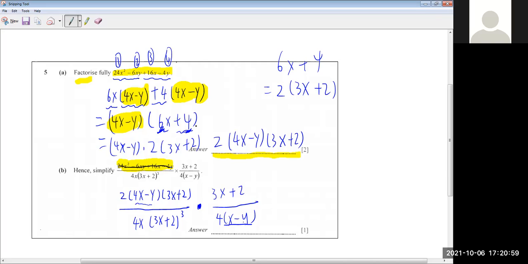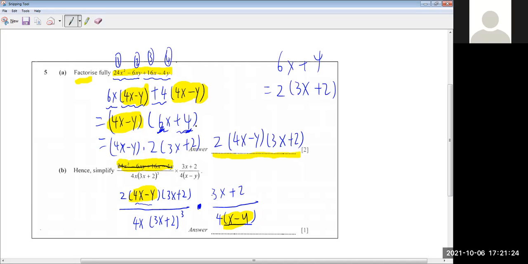So what I'm trying to say is this one is x minus y, and this one is 4x minus y. They are not the same. So if they are not the same, you cannot cancel. But you can cancel one thing here.